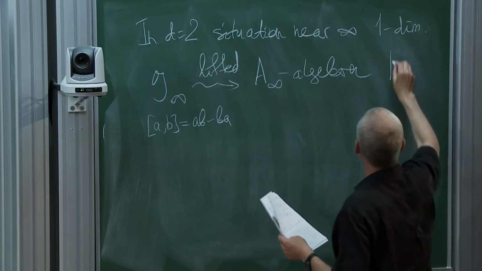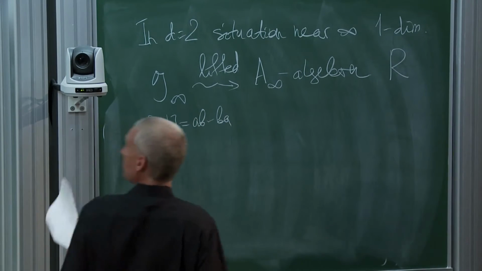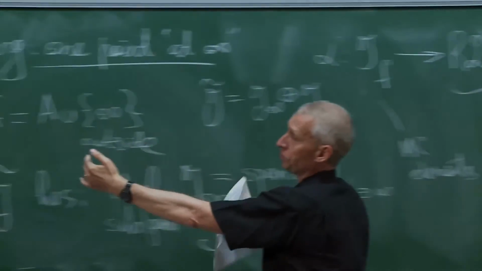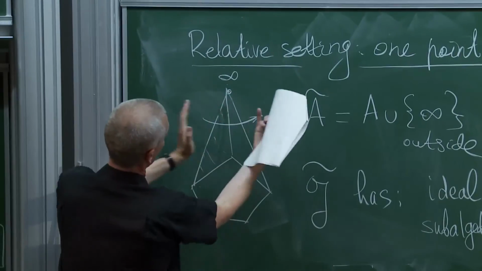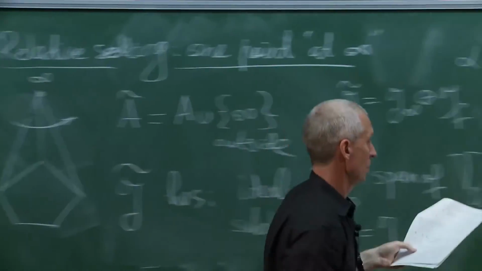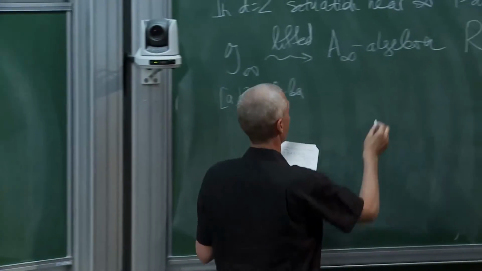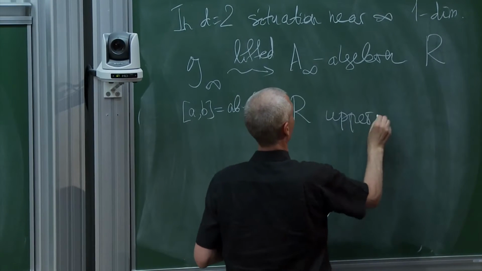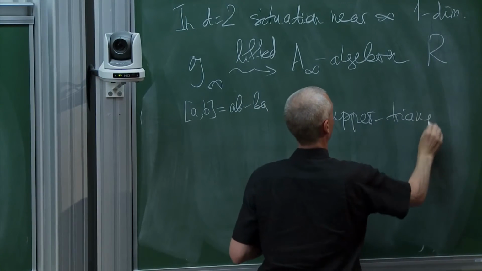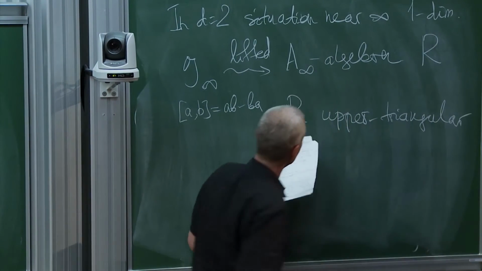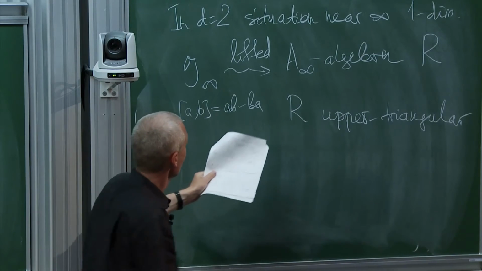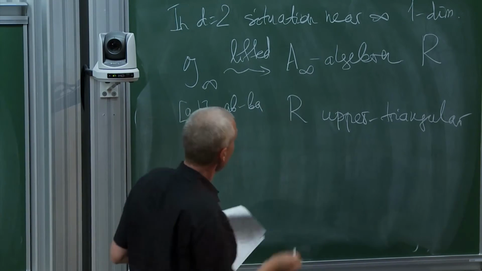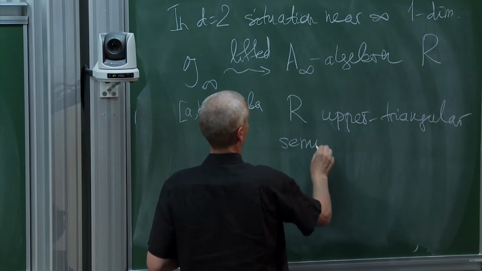Let's call this algebra R, and it has an upper triangular structure, because what happens here is we can combine them in order. So R is upper triangular. Or using the more derived category language, the category of R modules has a semi-orthogonal decomposition.